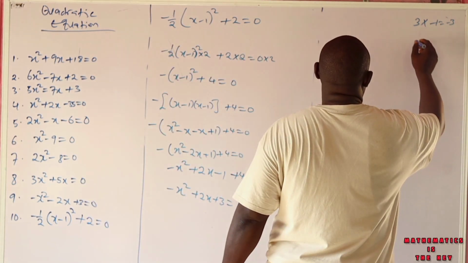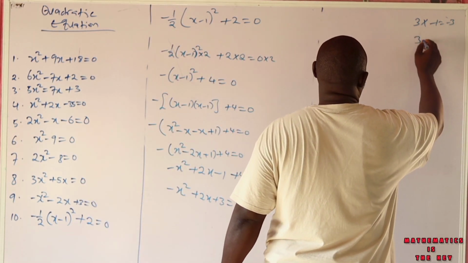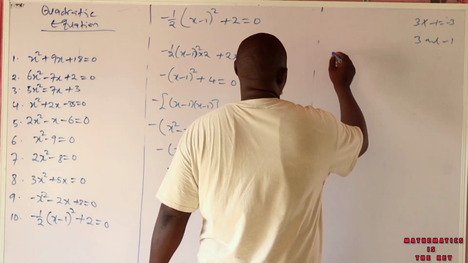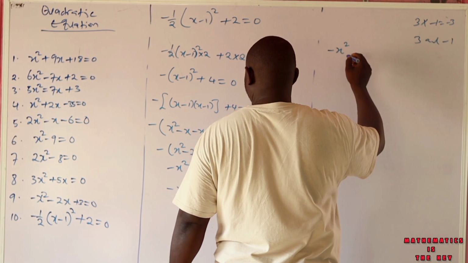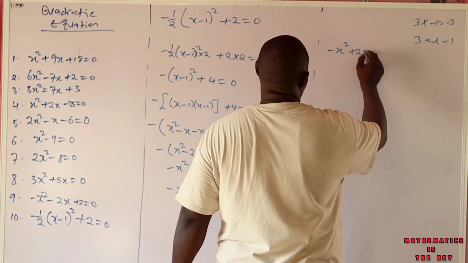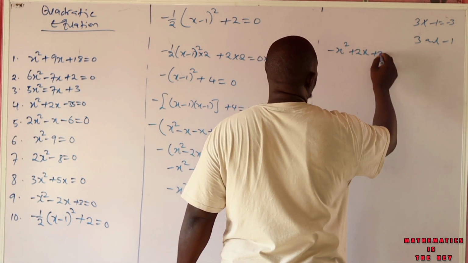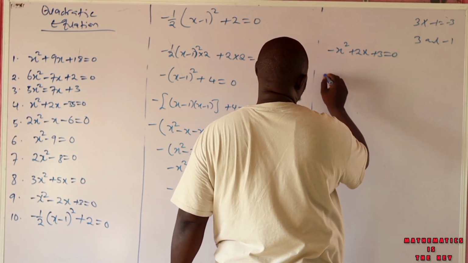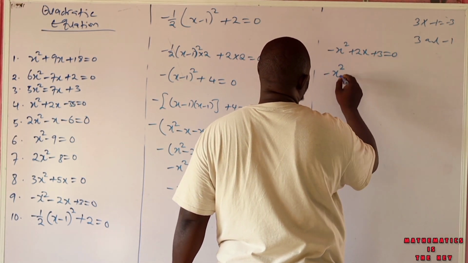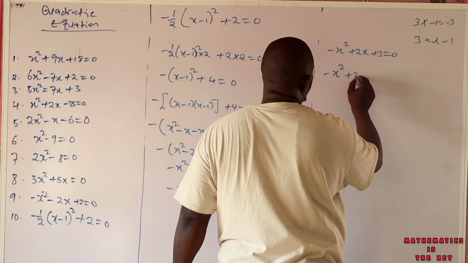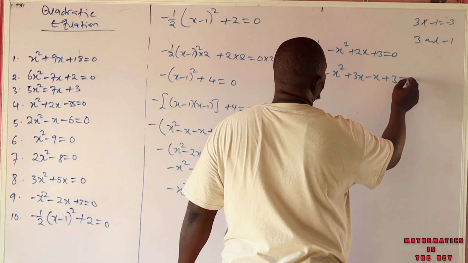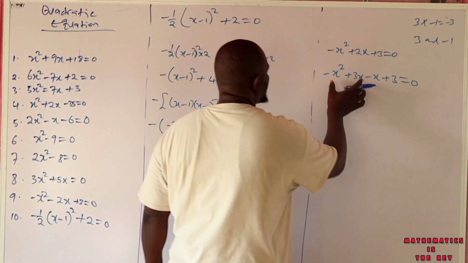So the numbers are plus 3 and minus 1. In minus x squared plus 2x plus 3 is equal to 0, we replace this term with the two numbers: minus x squared plus 3x minus x, then plus 3 is equal to 0.